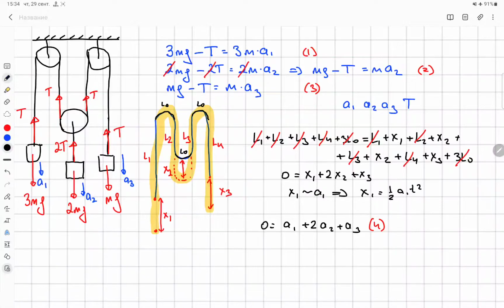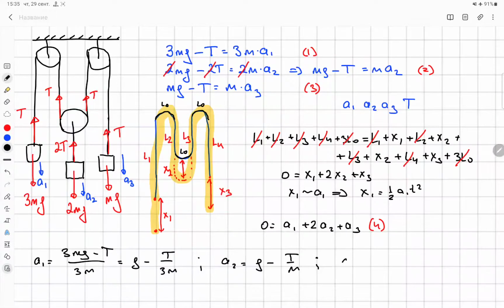Further is totally math, and we need to just solve. That's all. So from the first equation, a1 equals g minus tension over 3m, that is, (3mg minus tension) over 3m. From equation number 2, a2 equals g minus T over m.